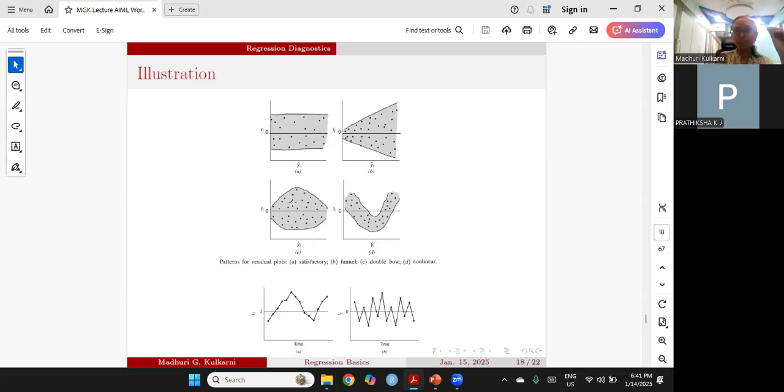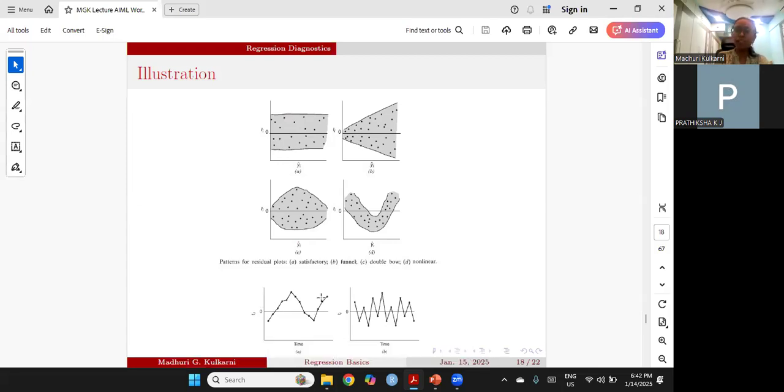If the graph exhibits a pattern of any of these types, it would mean that the variance is not constant and the errors are not uncorrelated. For example, in the first graph, which is a sequential plot of residuals or errors, initially it is increasing, then decreasing, then again increasing.